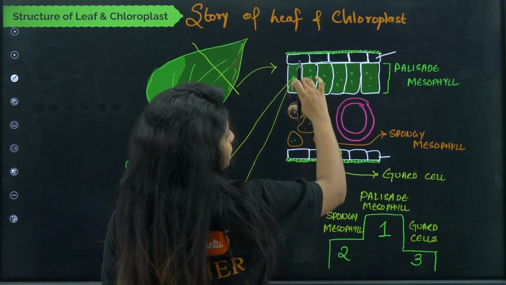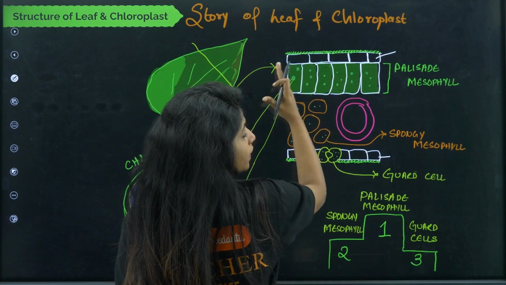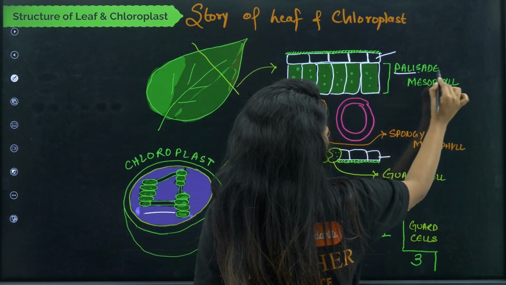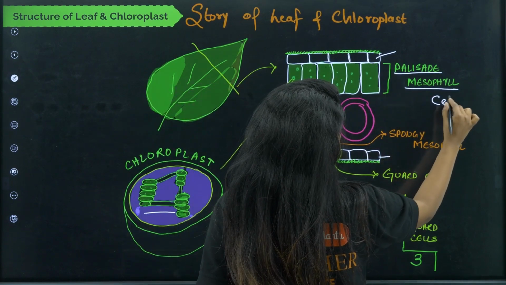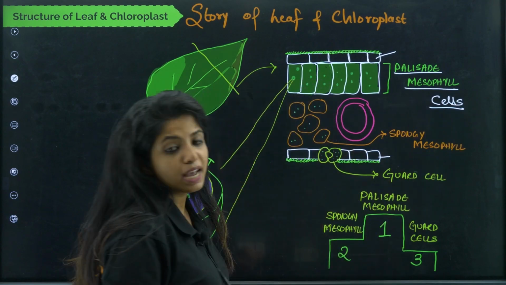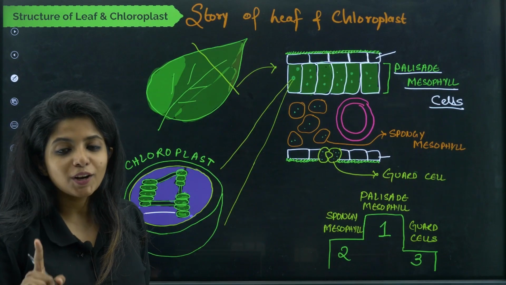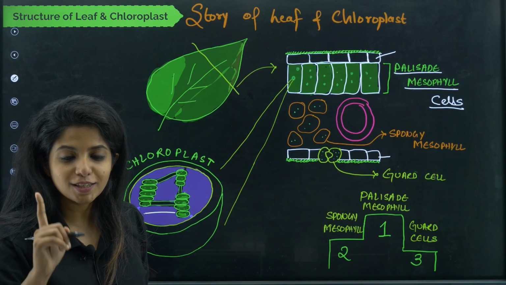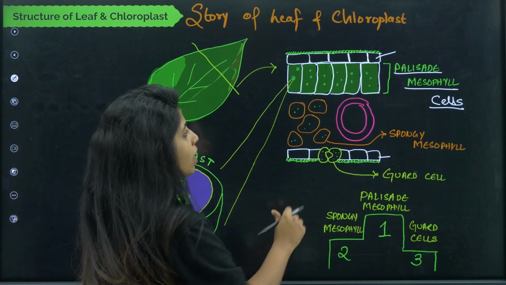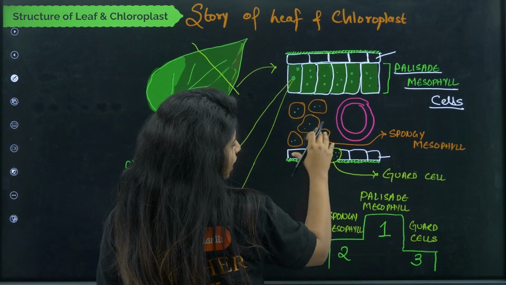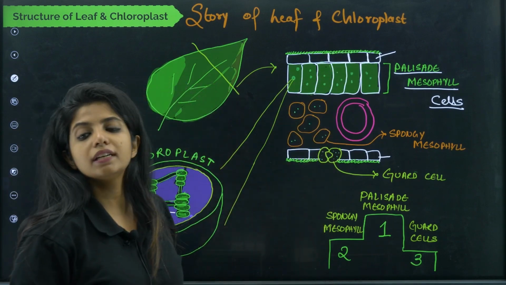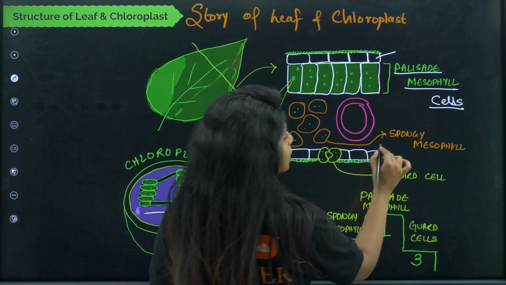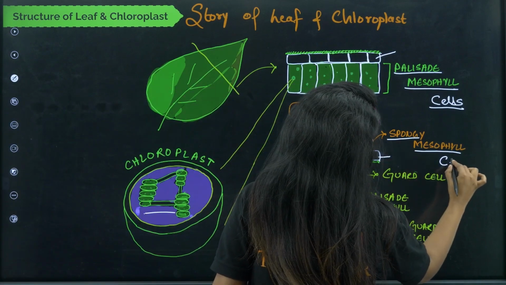Now, inside that there are certain long cells which do not have space between them. You call them palisade mesophyll cells. This is important. After that comes a layer of cells which are loosely arranged. You call them spongy mesophyll cells.